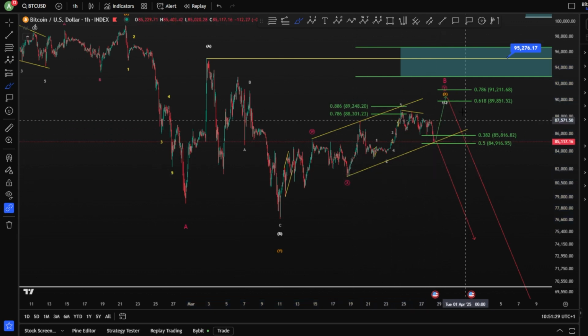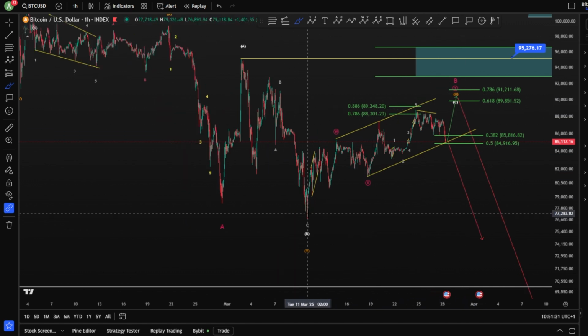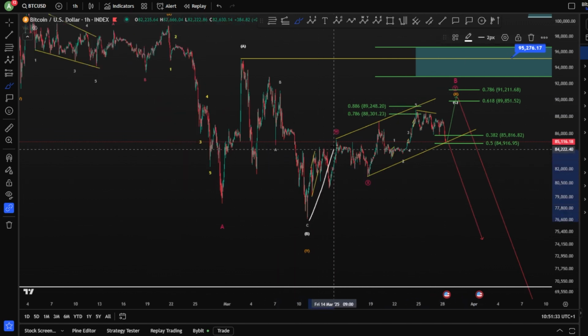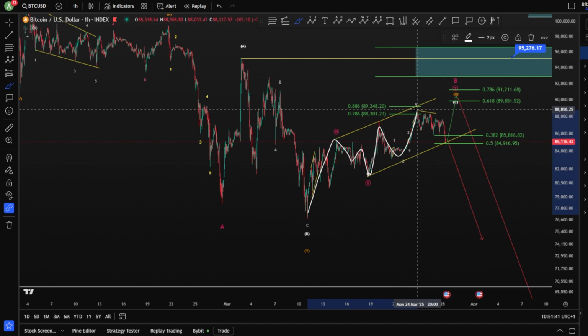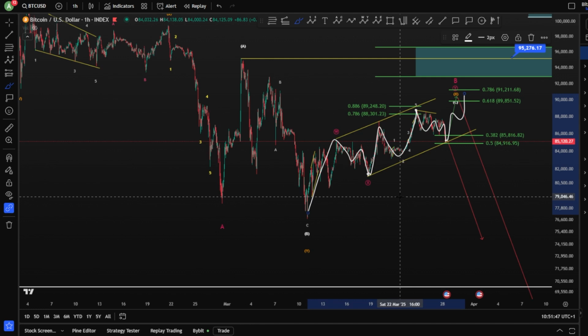What is the possibility to get one more high? The possibility is the following: by finishing an ending diagonal here, a zigzag in a wave 1, you have a correction for your wave 2, you have another zigzag for your wave 3, you have a correction for your wave 4, and you're still looking for a zigzag for a wave 5.